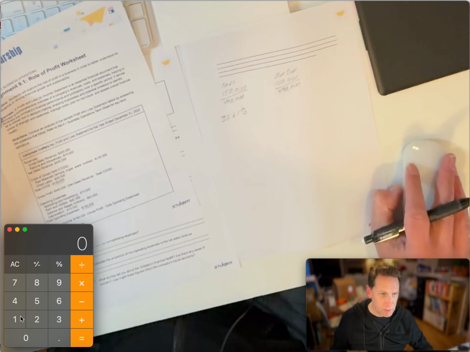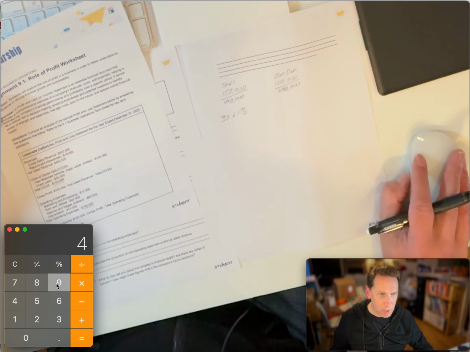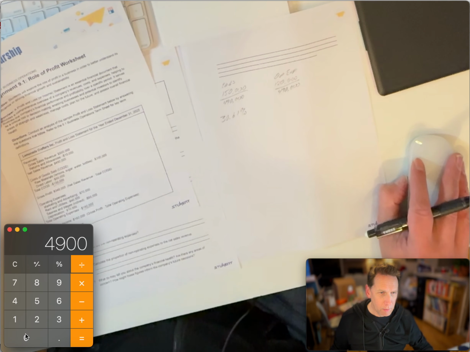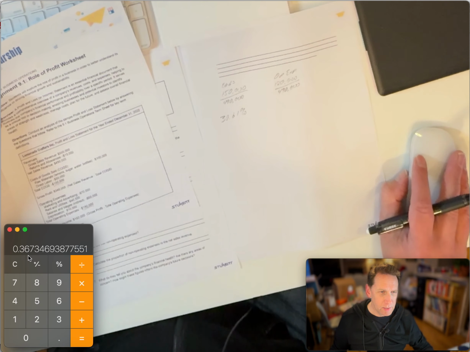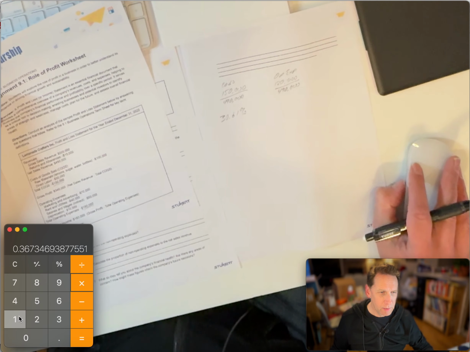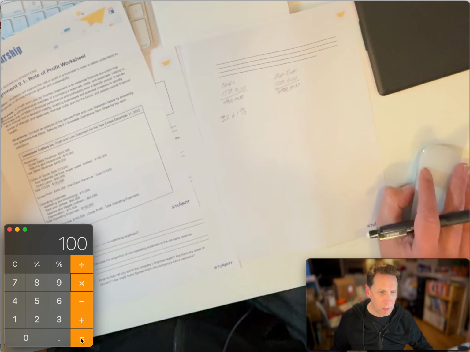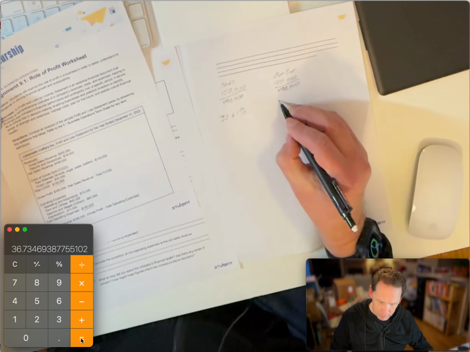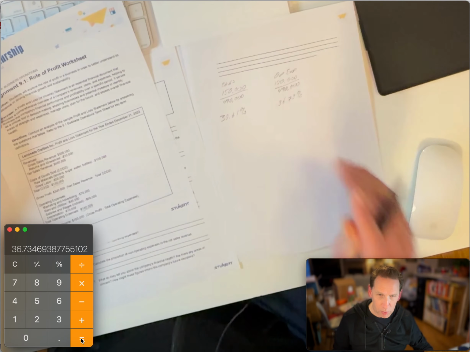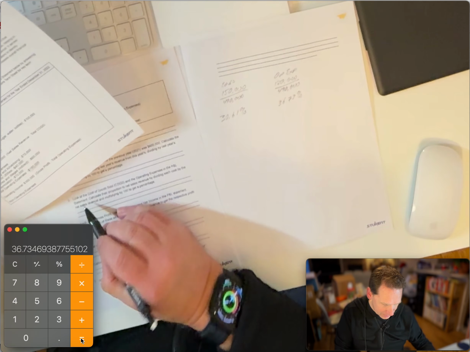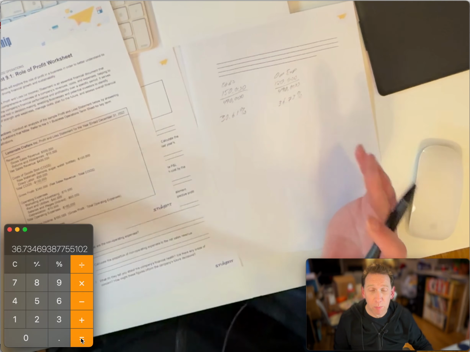In this case, it is 180 divided by 490. And that equals this, and then times 100 to get our percentage. And we get 36.73%.